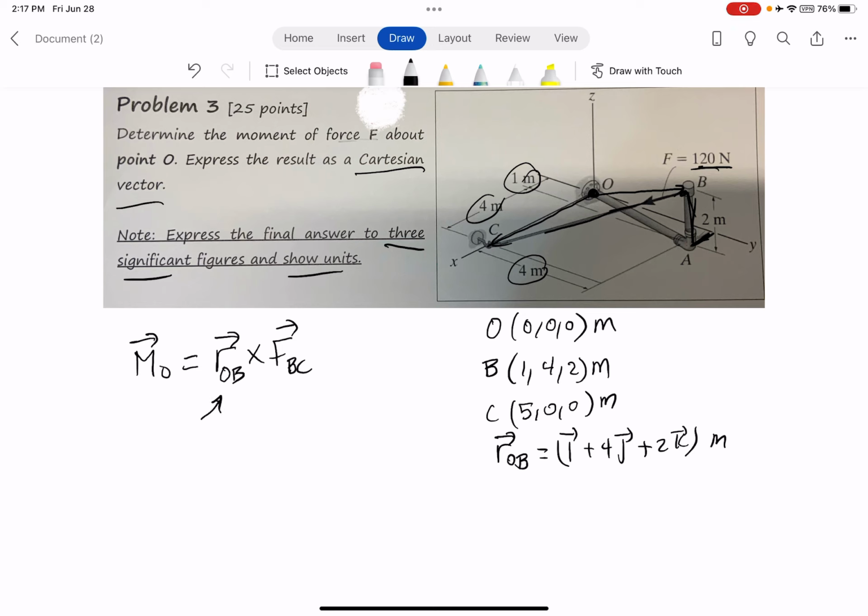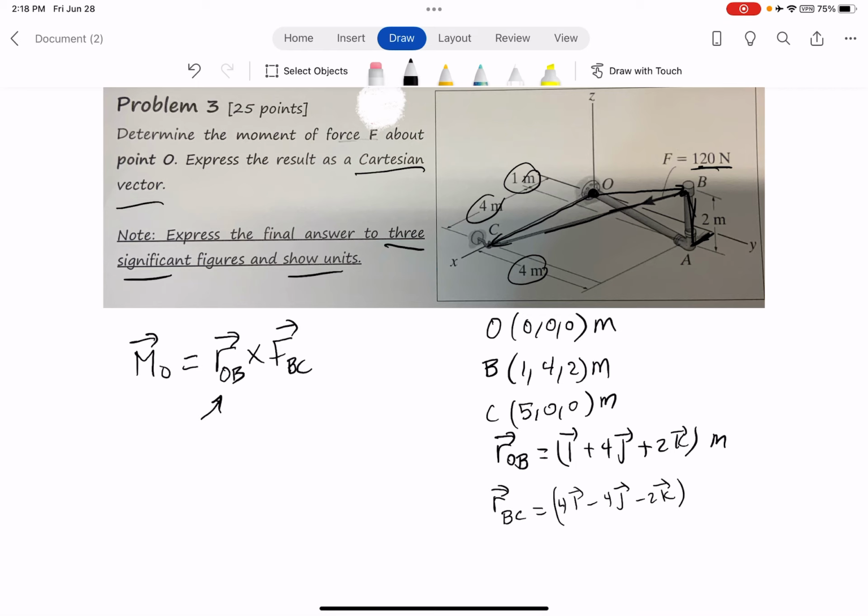Let's find out the force FBC. Before we find the force FBC, you need to find out the unit vector of BC. But before that, we need to find out RBC, C minus B: 4I minus 4J minus 2K.